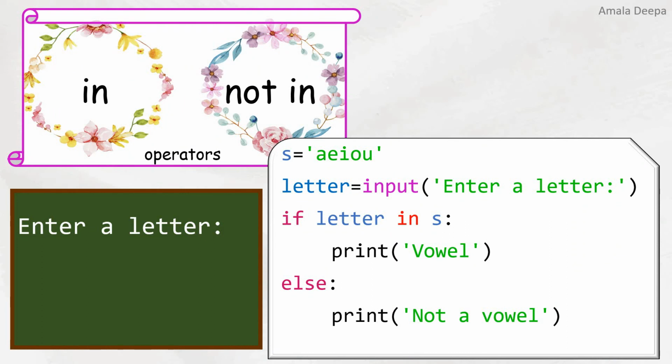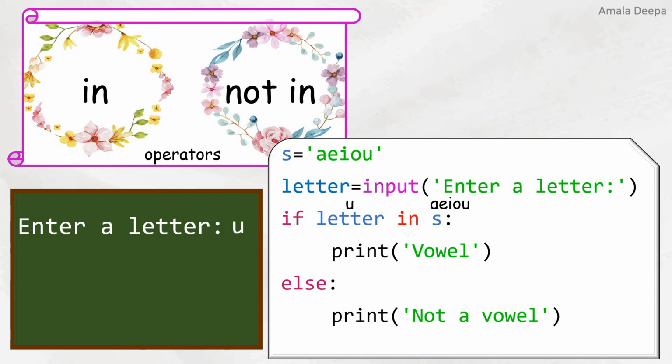So if I give the input as U, this input U will be stored in the variable letter. So here in the if statement, if letter in S, letter is having the value U, and S is having the string AEIOU. So look at the condition.